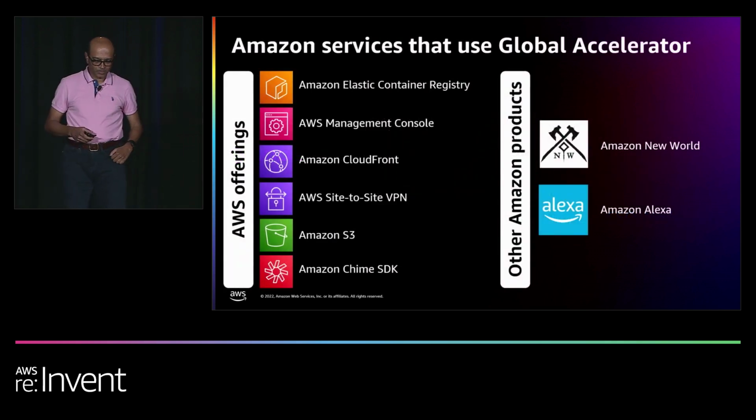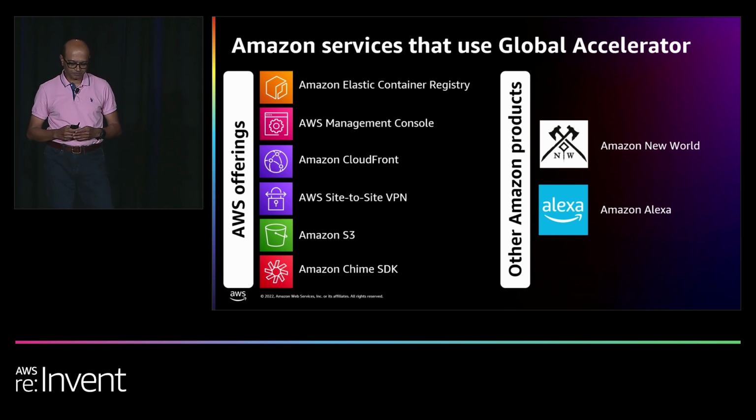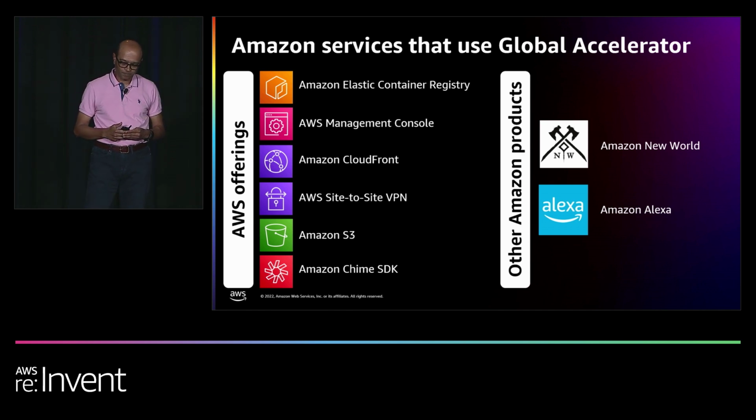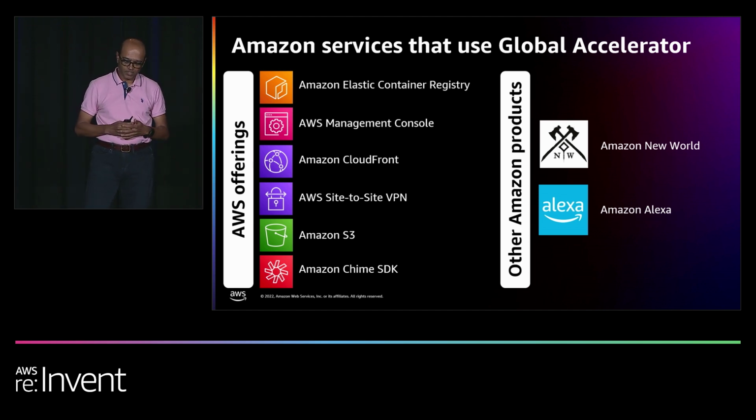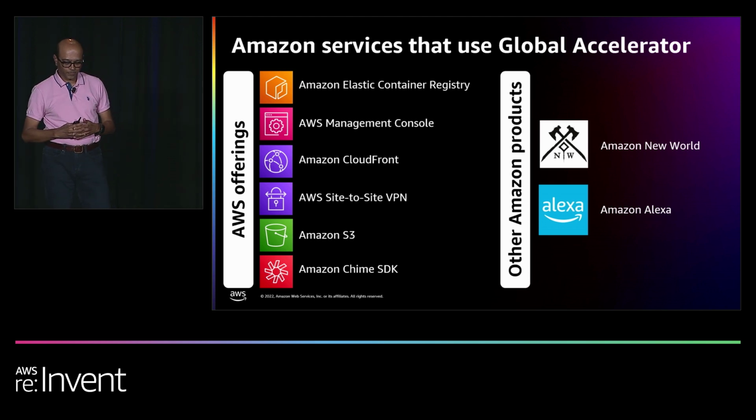At Amazon, several key services and products are built on Global Accelerator for part of their functionality. For example, Elastic Container Registry uses Global Accelerator for ECR Public. When you connect to the AWS Management Console, your session traffic is actually being accelerated by Global Accelerator. In fact, CloudFront uses Global Accelerator for TinyDNS on EC2.